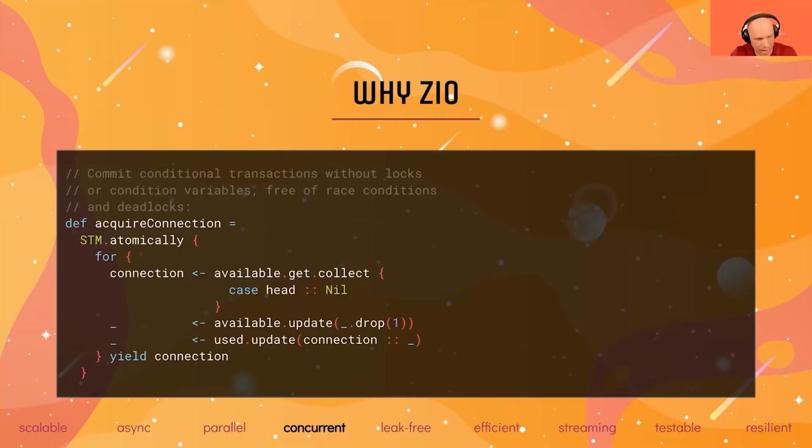You can wait for this to happen or wait for this to happen and only commit the transaction when those conditions are satisfied. This mechanism wholly subsumes 100% of what you would use java.util.concurrent locks and condition variables for. This means that you can solve all problems that you would ever reach into java.util.concurrent for, but you can solve it in a way that's compositional.